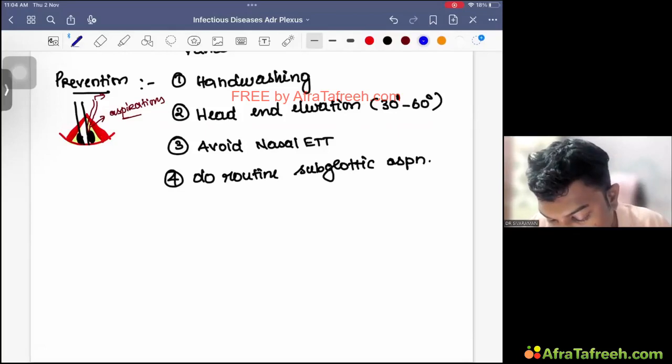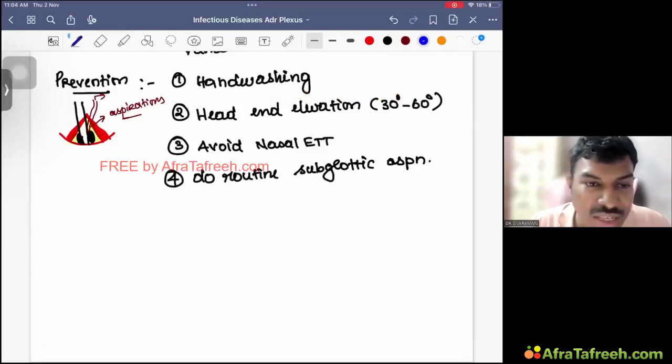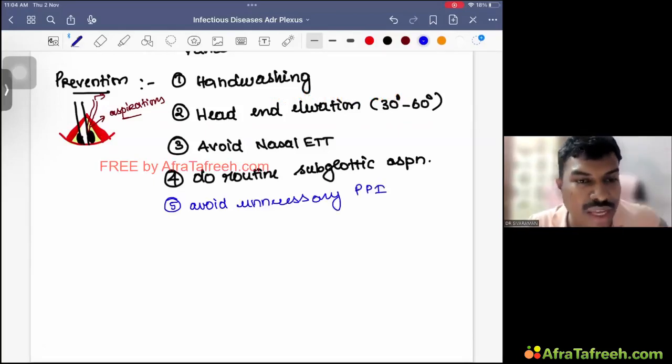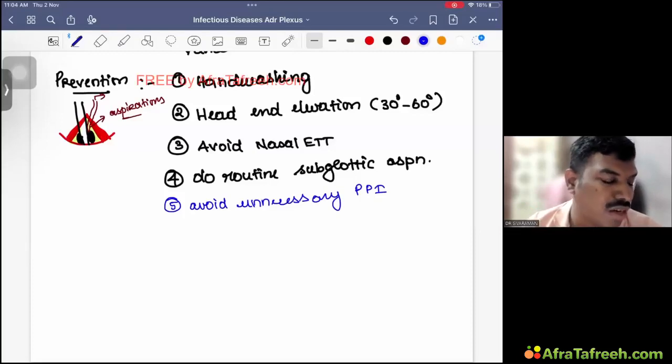unnecessary PPIs. So nowadays the practice is for all patients, irrespective of admission, we put the patient on PPI. So we are going to make a world where there is going to be no acid in the stomach. Previously they said even if you put an iron piece into the stomach, the iron piece can be dissolved by the acid.